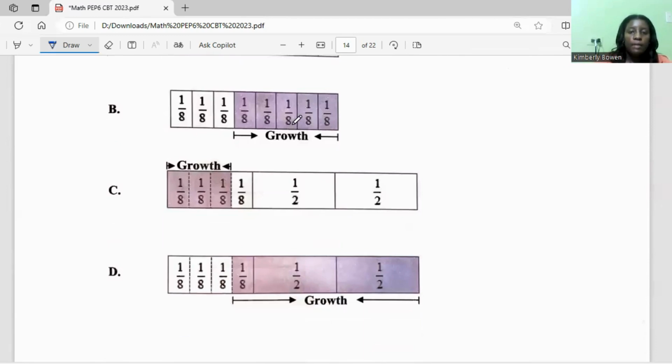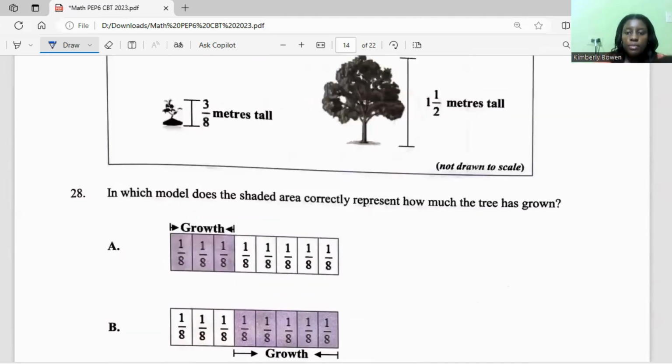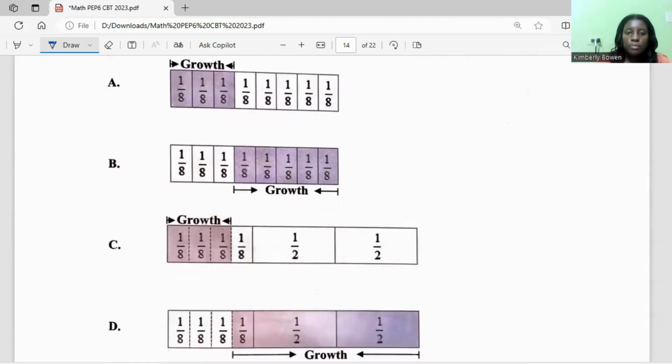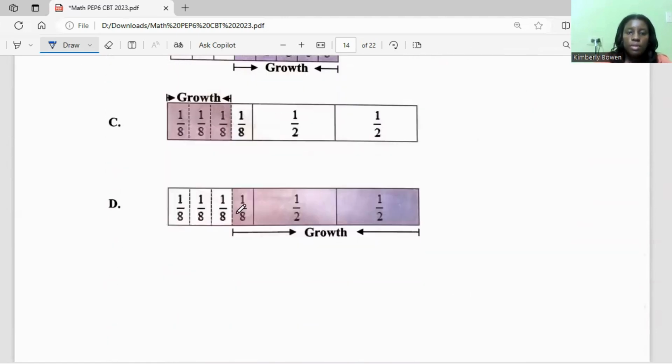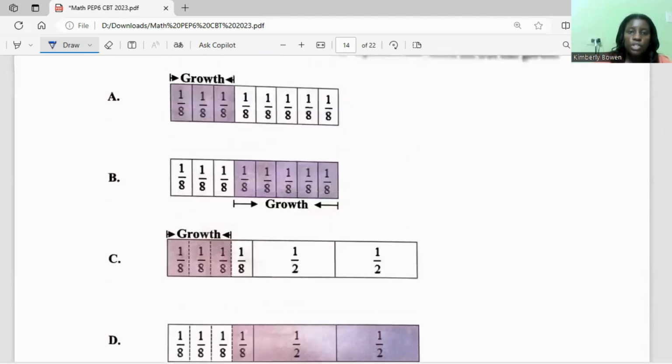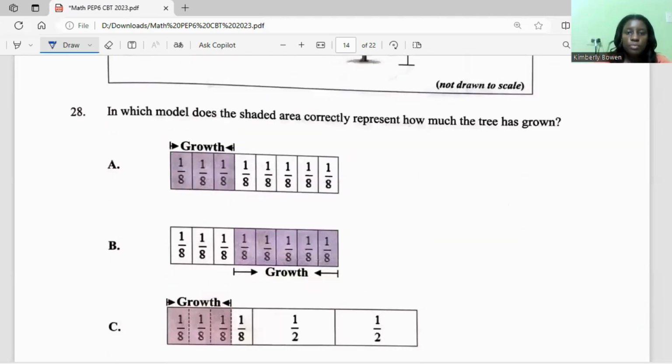Doesn't give us 1.5 here. Okay. You have 3/8 here. And this is a half, and this is a half. This is 1/8. That's 1.5. 1 and 1/8. And the shaded portion should represent how much the tree has grown.